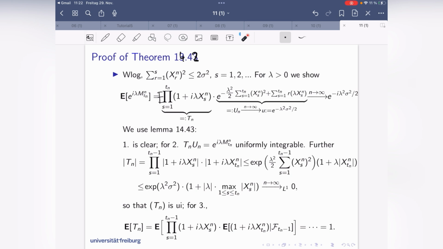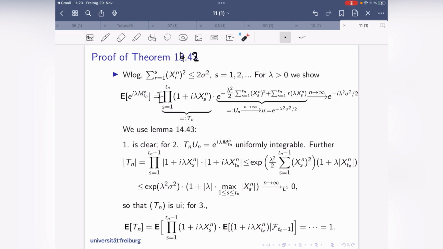Then tn and un should be uniformly integrable. For t and un, that's not a problem because tn times un is this here, and that's bounded by 1 in absolute values. And for the tn, so that's this thing here.